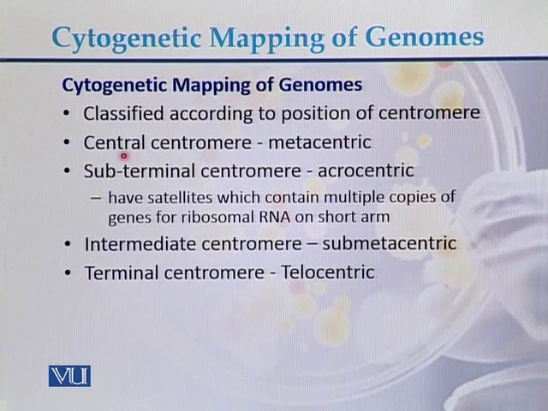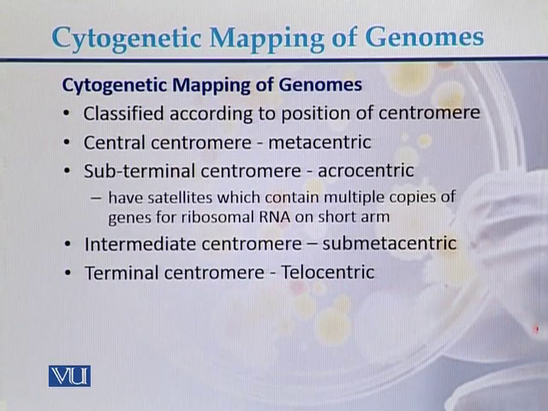According to cytogenetic mapping of the genomes, chromosomes are classified according to the position of the centromere. Chromosomes can be metacentric, where there is a central centromere. They can be acrocentric, where there is a subterminal centromere. They can be submetacentric, where there is an intermediate centromere. They can also be telocentric, where there is a terminal centromere.